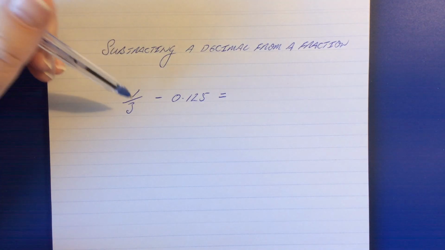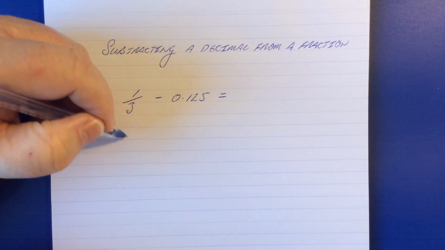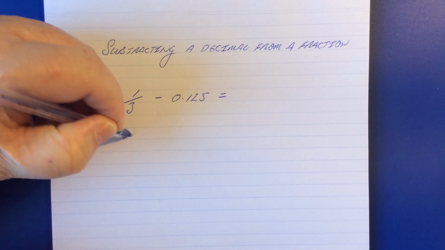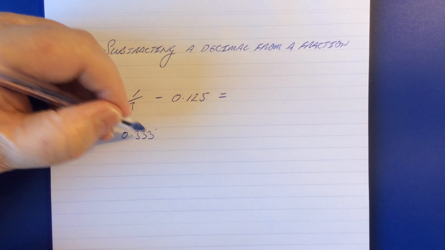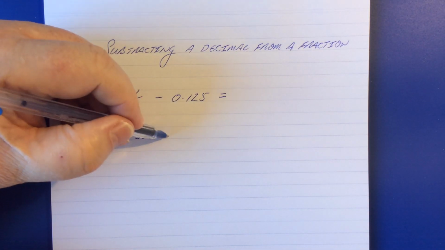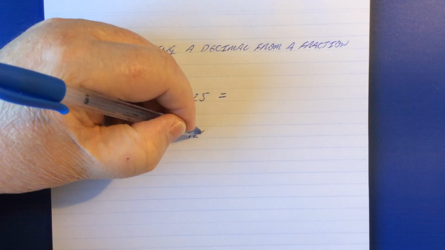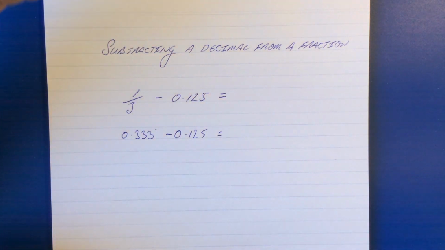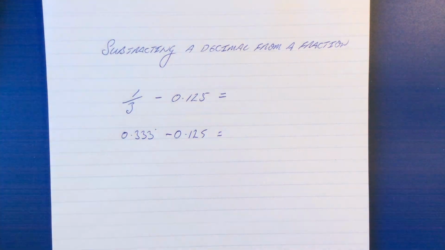So if we convert this to a decimal, it is as follows: 0.333 recurring. Now, the problem with that is that when we subtract 0.125 from it, we're going to get a more or less accurate answer depending on how many threes we pop into our calculator.